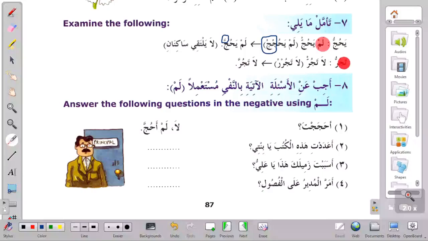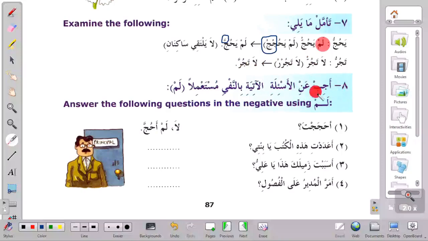But if I want to say la tajurru, I will say la tajurra. I will just turn the dhamma to fatha. We have explained why it is so: this is a harf jazm, and at the end it will be majzoom bisukun. It will give sukun to the last letter, and then there will be the meeting of two sakin letters, as you are seeing here, and that will lead it to take fatha.